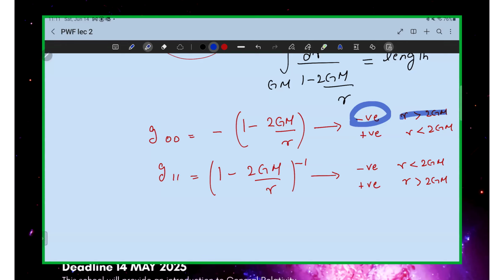And when r is bigger than 2GM, the other component is positive, which means that the r component is behaving like a space component. But when r is less than 2GM, it means that now you're inside the event horizon, and the t component is behaving like a space direction. And the r component is behaving like a time direction, because the component switched sign.